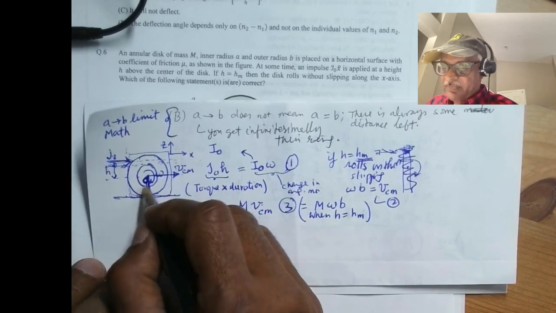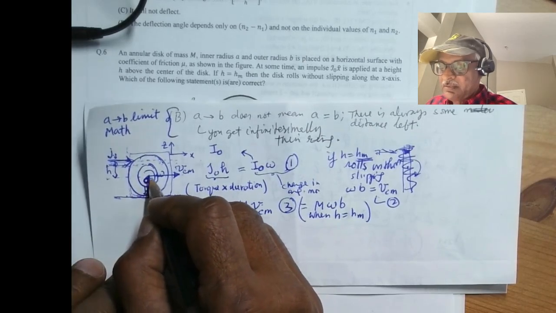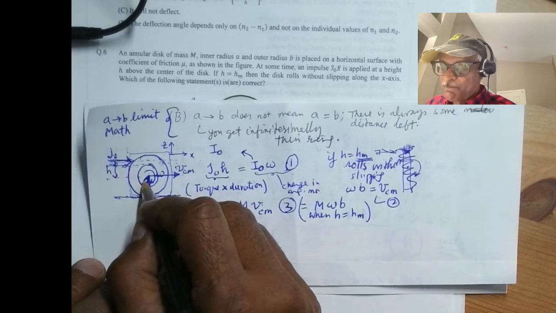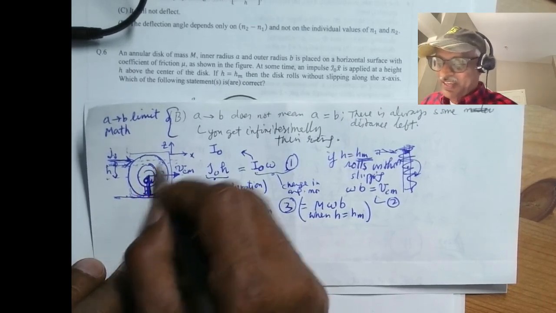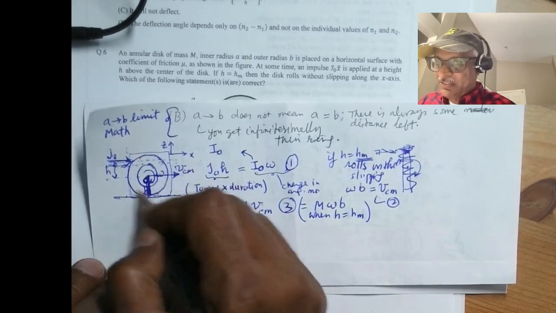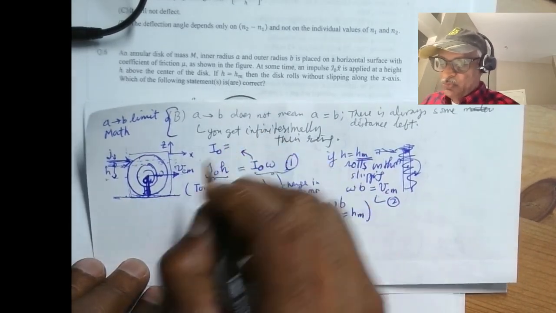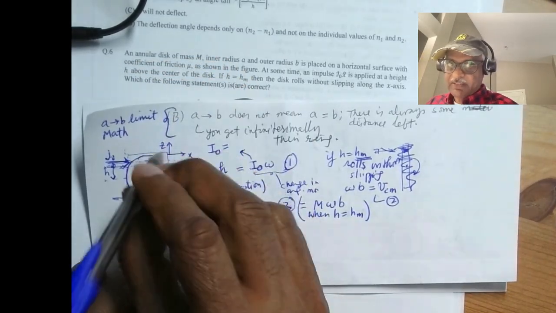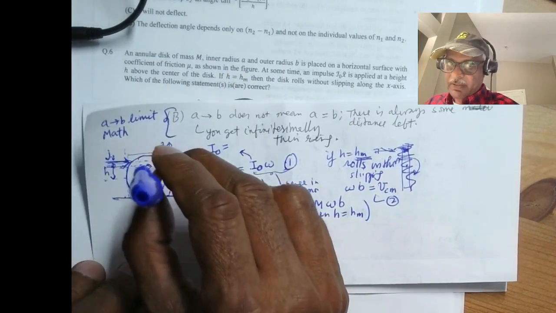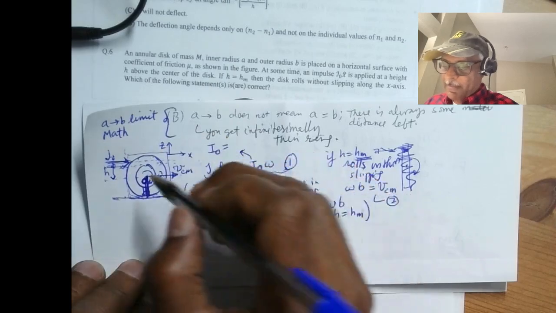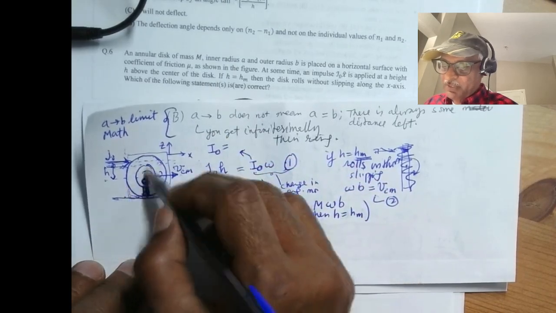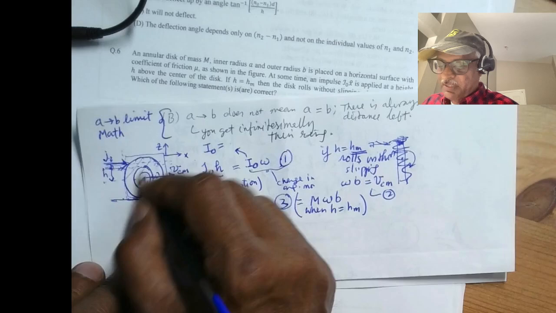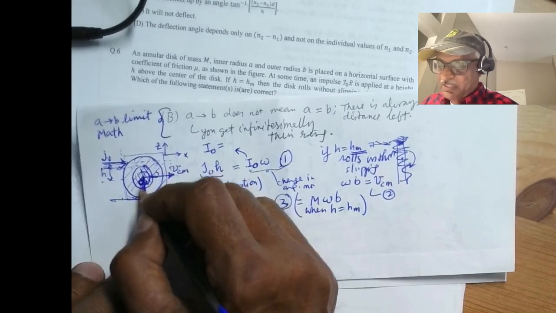well, as long as A doesn't equal B, as long as the annulus is rotating about this axis here, then you can think of it as a positive mass disk plus a disk with the negative mass.